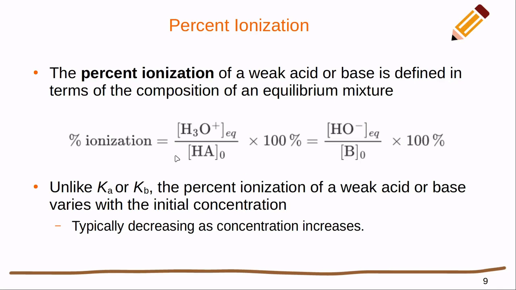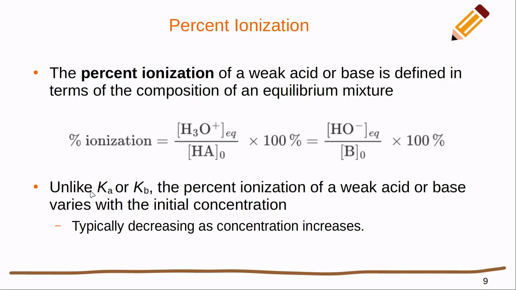This is how much I added, and this is how much I had at equilibrium, which makes it a pretty easy value to measure because I can tell you how much I initially added, and then I could use something like a pH meter to figure out the hydronium ion concentration at equilibrium. We'll multiply that by 100%.